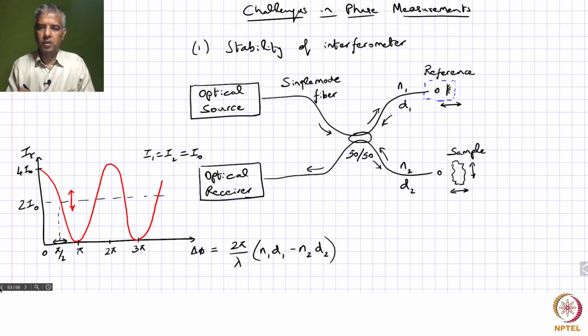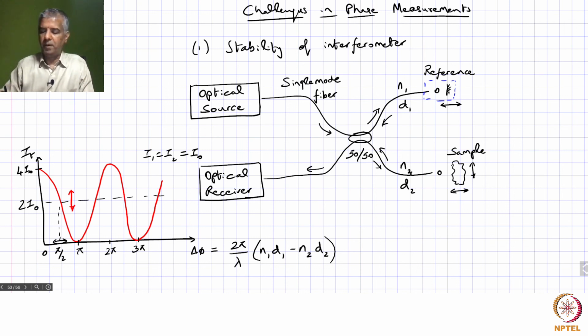So for long path length differences, if you want to make a measurement, let us say over 10 kilometers, that is something we are working on right now. We are developing a sensor which can pick up perturbations at a distance 10 kilometers away.